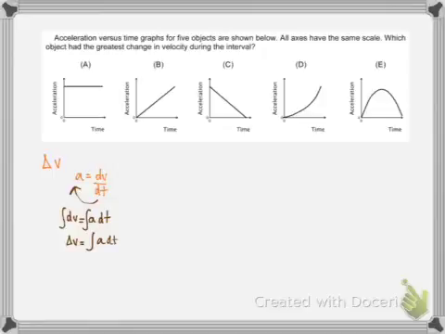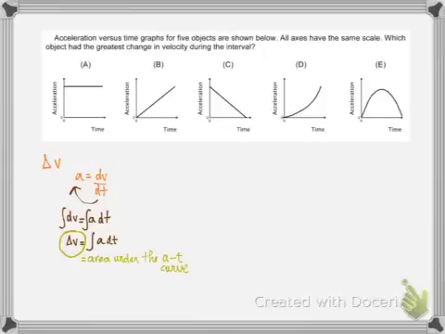And by the knowledge of integration, we know the right hand side stands for the area under the a-t graph. So we can easily find delta v here if we find the area under the a-t curve, or for which the area under the a-t curve is the most.